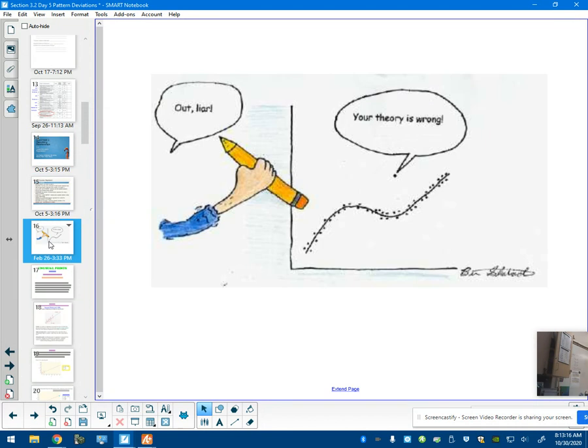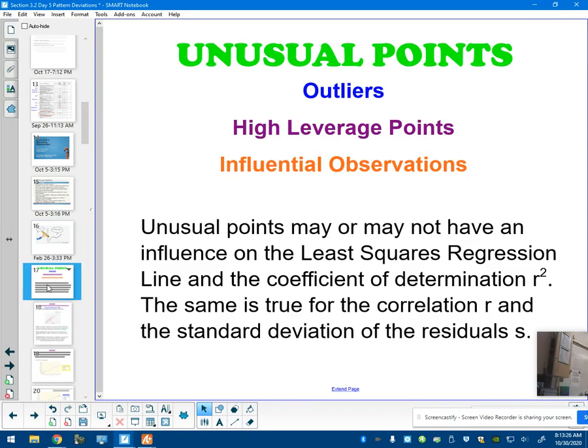So here's my little graph of the day. When graphs have unusual or deviant points, there are three types of deviant points. This just changed, and it wasn't in your book, and that's why we told you to wait until today.